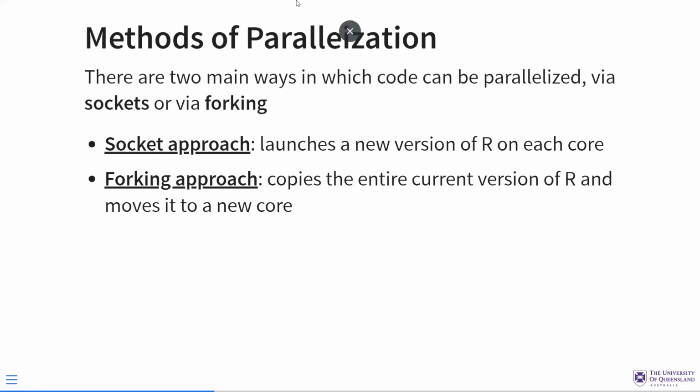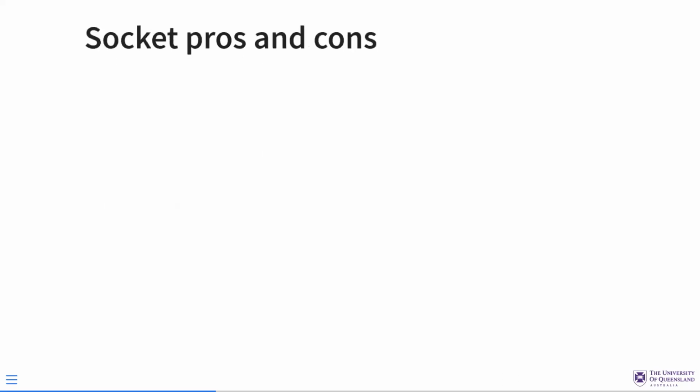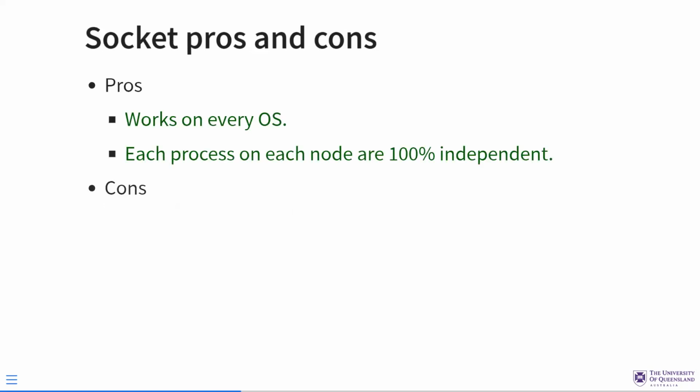So basically, forking is easy to implement because you don't have to do anything in the background, but it has its downside, obviously. So basically, socket pros and cons. The pros are that sockets work in every operating system. So it will work on Windows, it will work on Linux, it will work on Mac. It doesn't matter. And each process is 100% independent of the others.